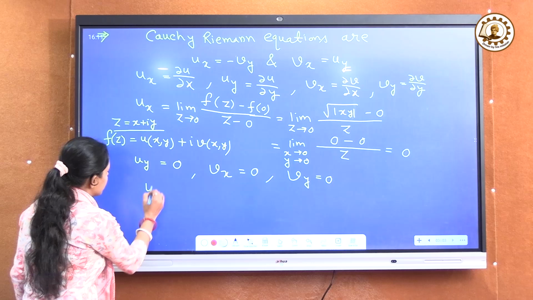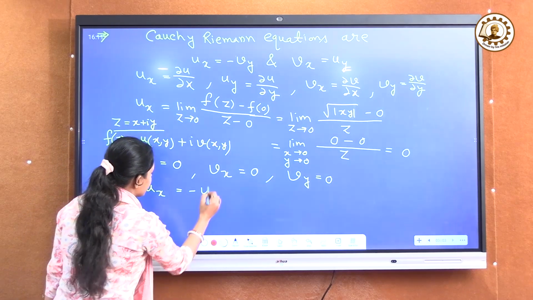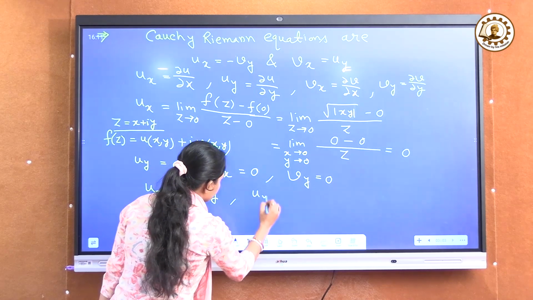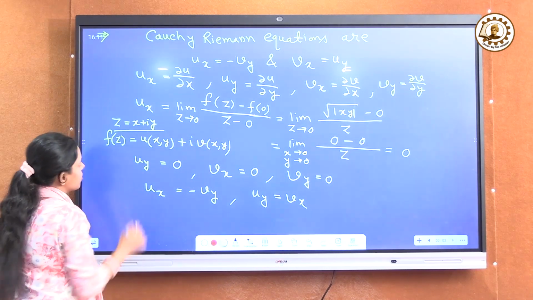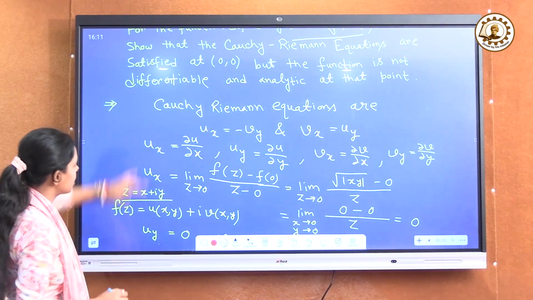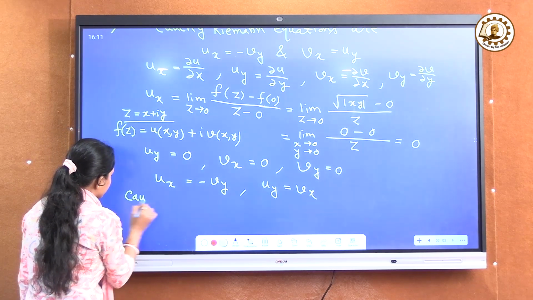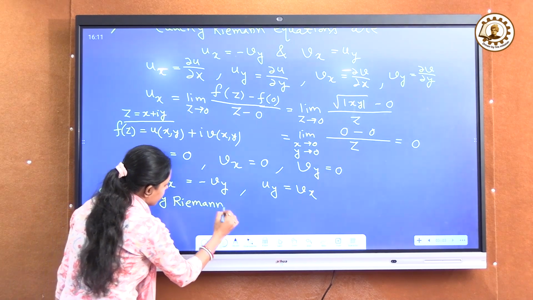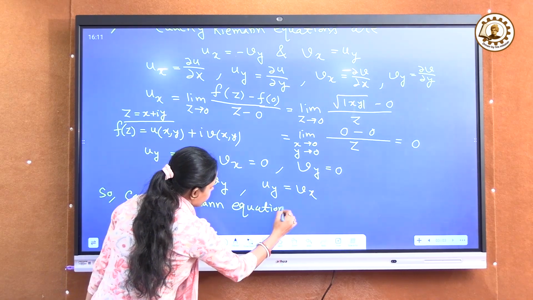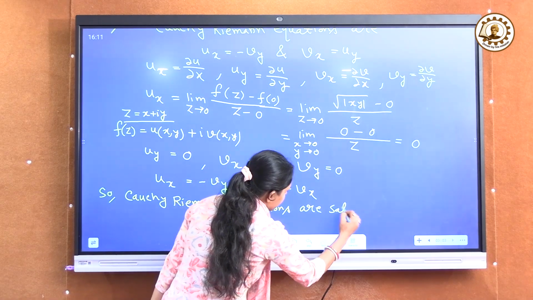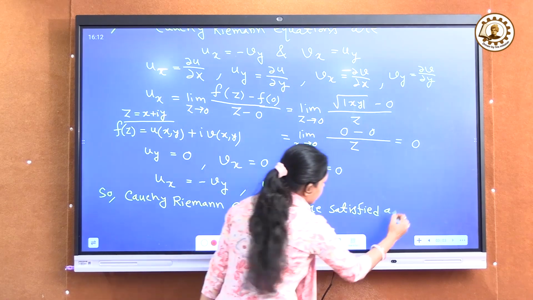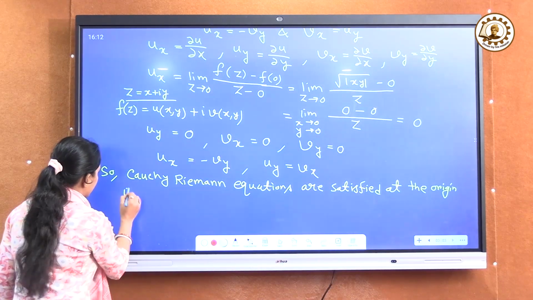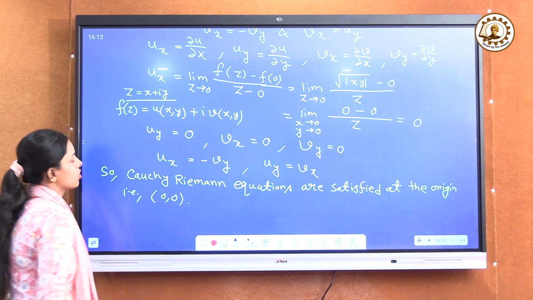Then we get ux equal to minus vy, that means 0 equal to 0, and uy equal to vx also. So the first part is proved here: the Cauchy Riemann equations are satisfied at the origin, that is the 0, 0 point.